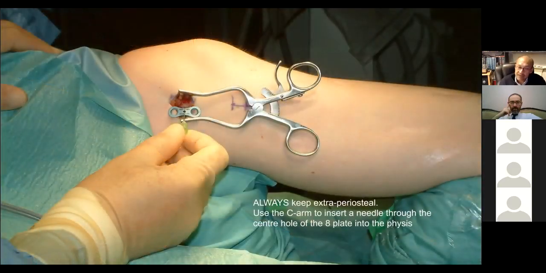It's usually 15 millimeters, at the most 2 centimeters, because the skin can move proximally, distally, anteriorly, posteriorly to allow you to slide the implant in. So it doesn't need to be as big as the implant. But the most important thing about the dissection to insert this tension band plate is that you must keep your dissection extra periosteal.